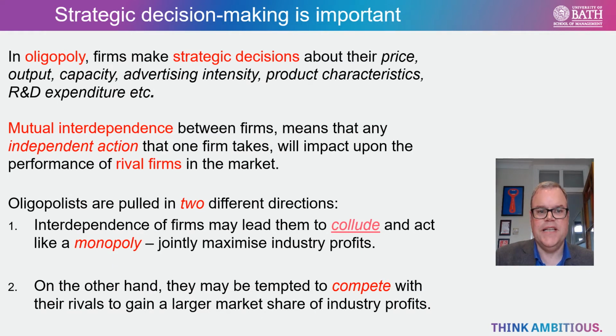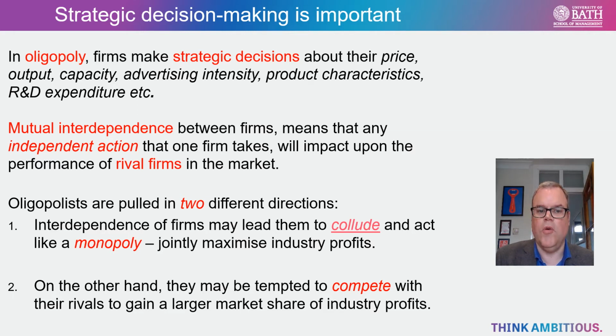What this means is that in oligopoly, strategy and strategic decisions over variables such as price, investment, advertising, and research and development expenditure are important and will have an impact upon the market. Firms are fully aware of this mutual interdependence and must therefore consider the likely reaction of rivals when making strategic decisions. In essence, firms are pulled in two directions.